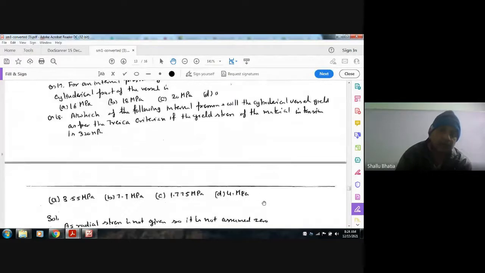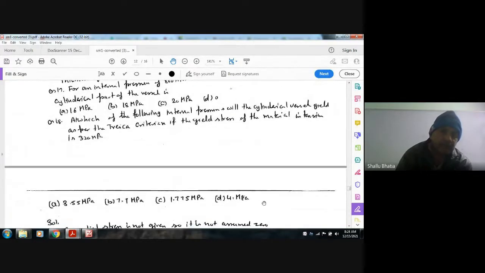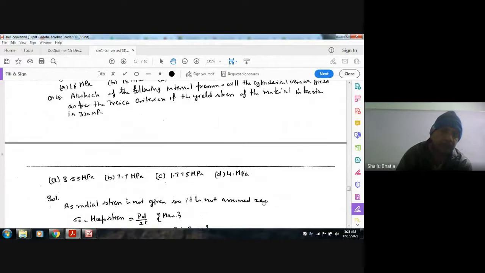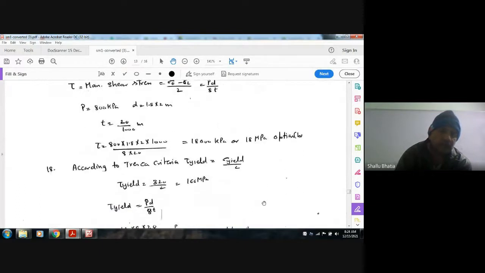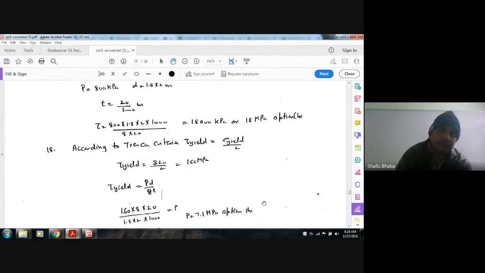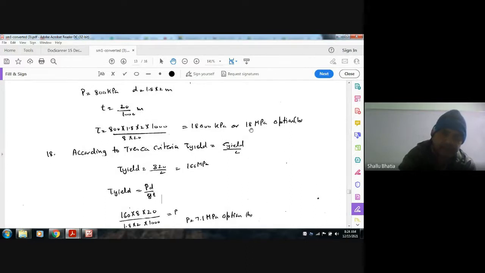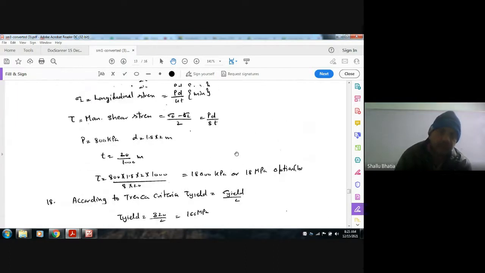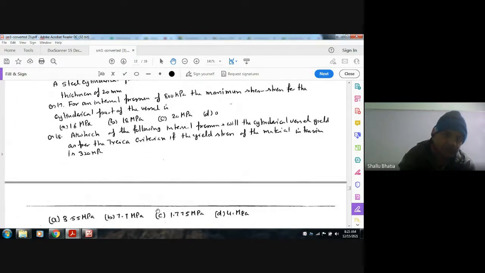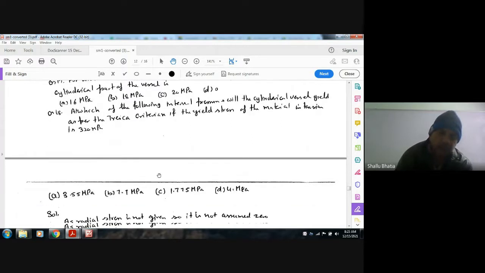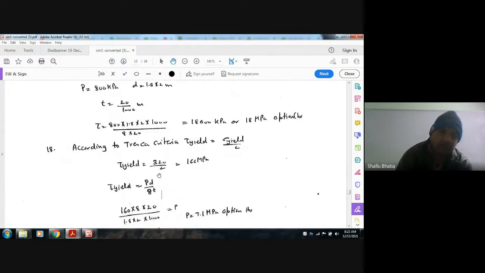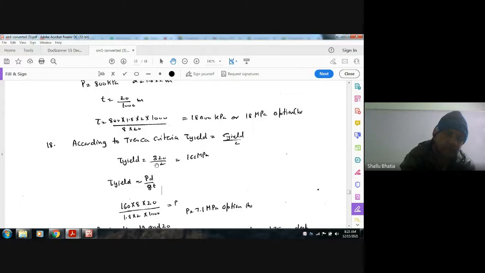Next, according to Tresca criteria, we have to find out the pressure. Now the maximum shear stress we have found out is 18 MPa. Given that the normal yield stress is 320 MPa, the shear yield stress will be 320 divided by 2, right?